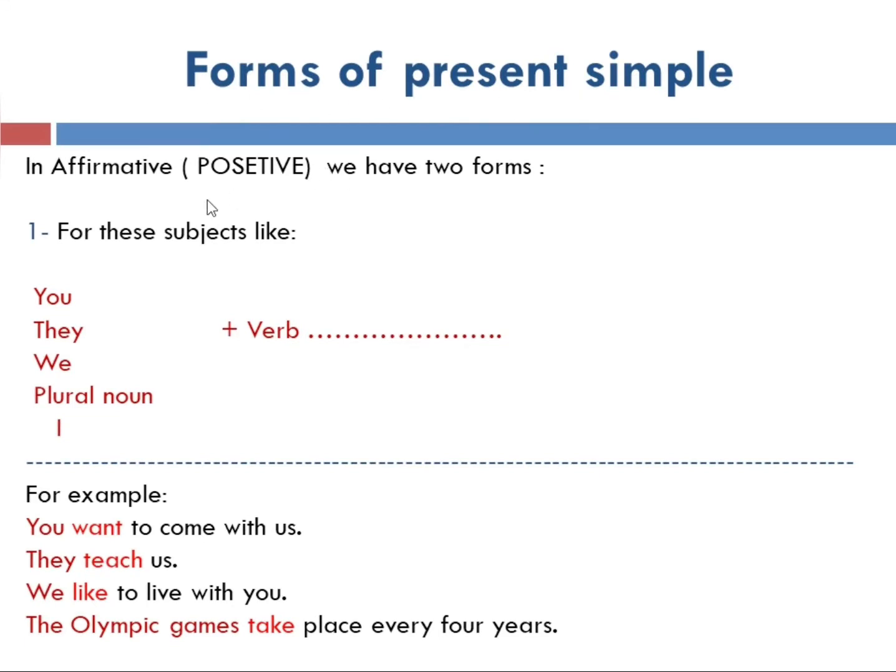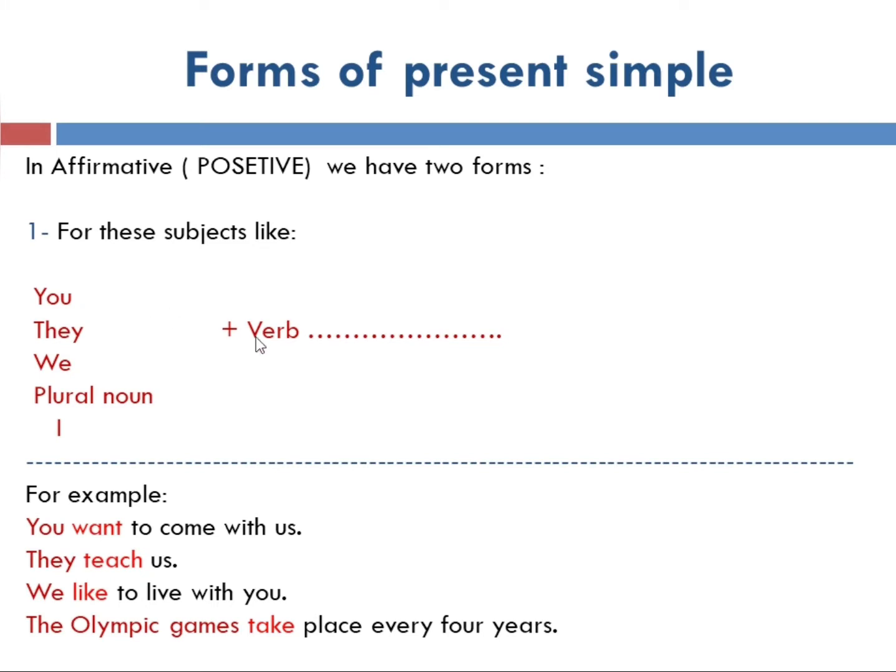Forms of present simple. In affirmative, which means the positive form, we have two forms. The first one is for these subjects: you, they, we, plural noun, and I. If we have one of these subjects in the sentence, then we directly add a verb, the base verb, and then you complete your sentence.